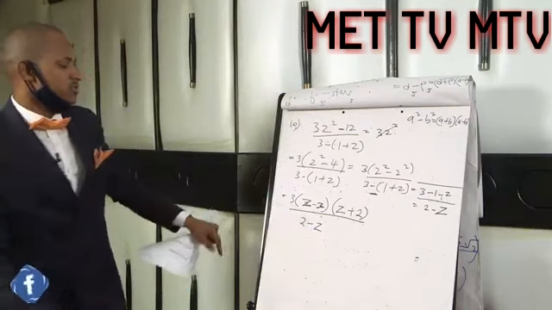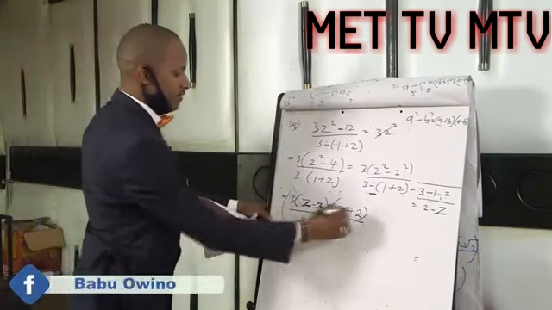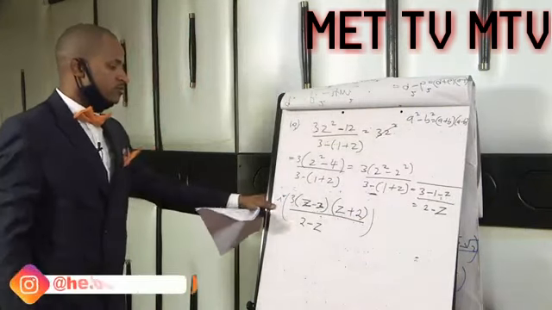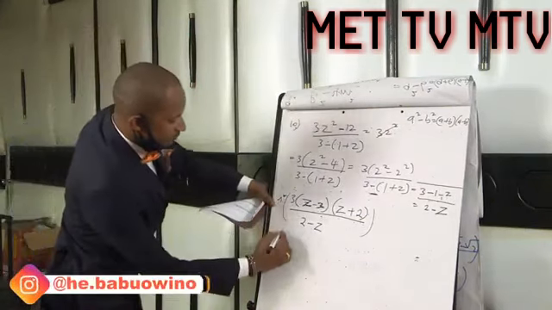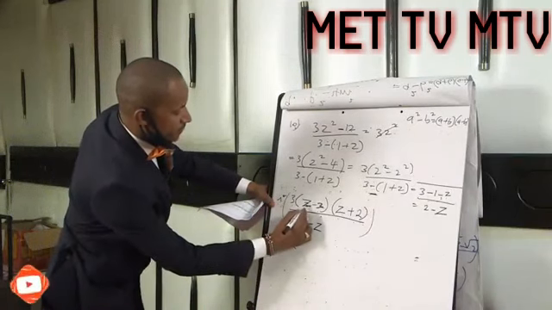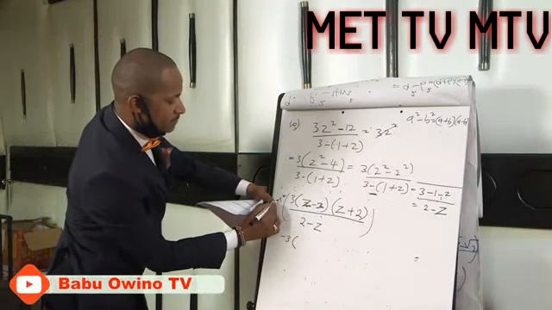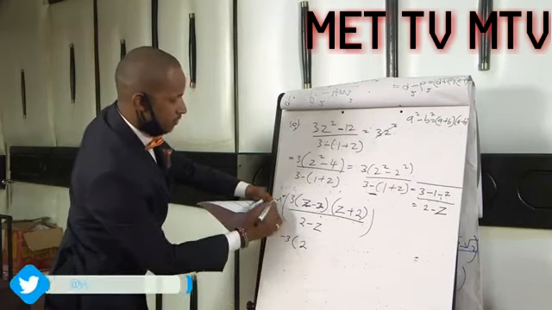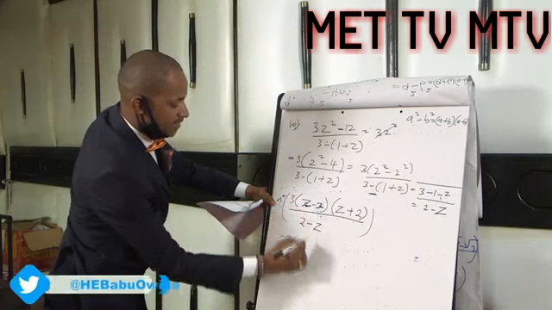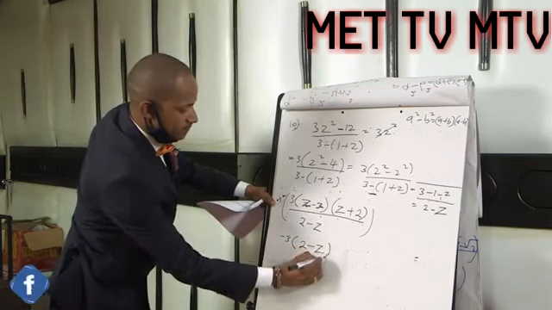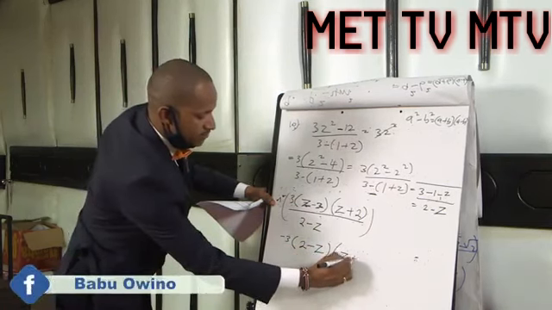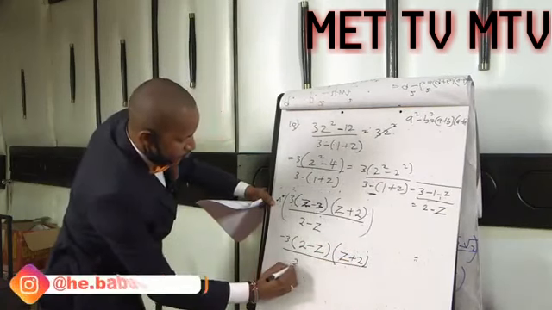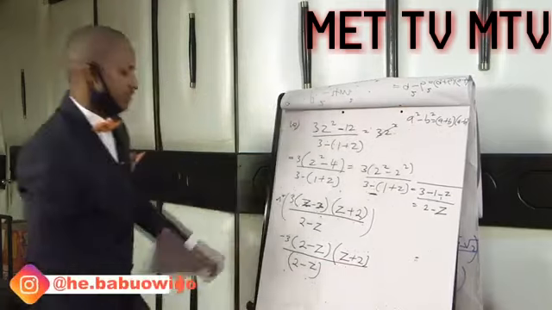But we introduce a negative 1 at the numerator. So when you introduce a negative 1 at the numerator, we will have negative 3 into, this is z, minus 1 times 2 times minus 2 is 2. Then minus 1 times z is minus z, into z plus 2. This remains. You divide by 2 minus z.